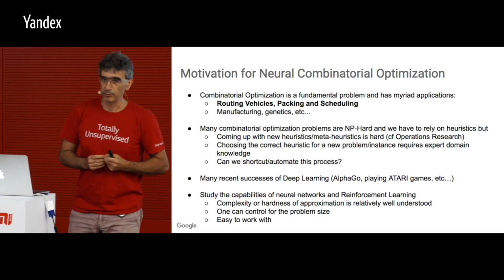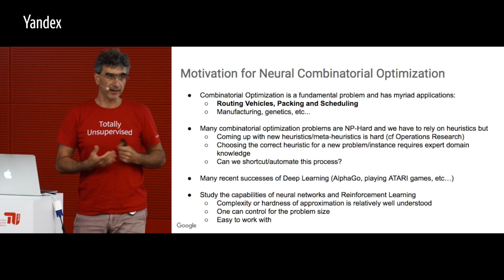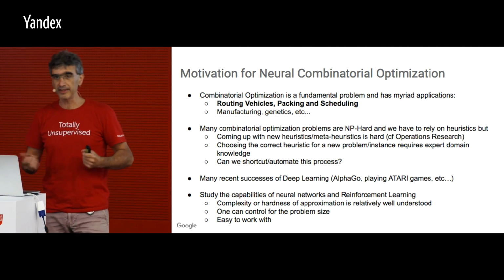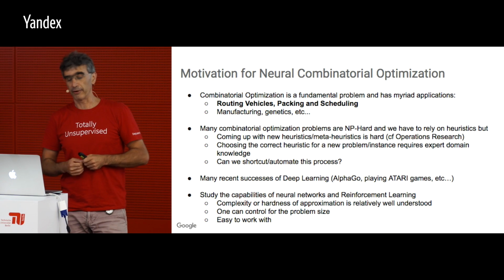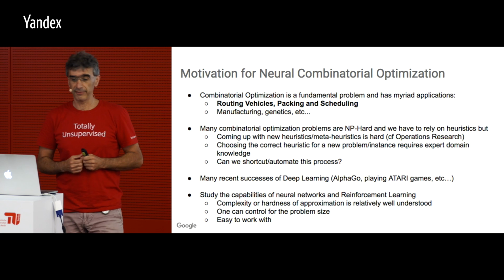do is, because they are often NP-complete and hard to solve, we design heuristics to try to solve them. For each of these problems, we try to find the best heuristic, and it takes a lot of time, it's tedious.